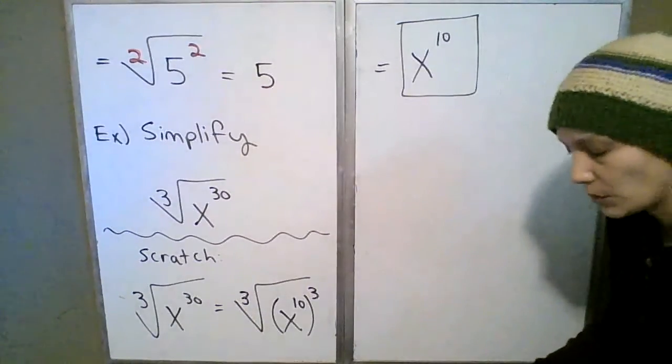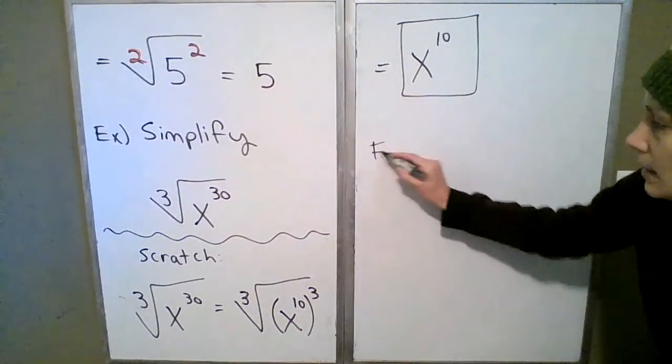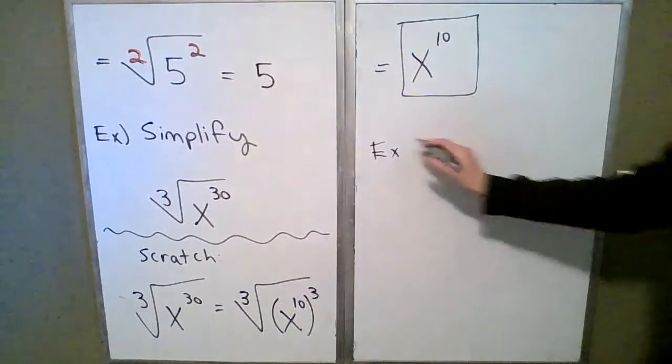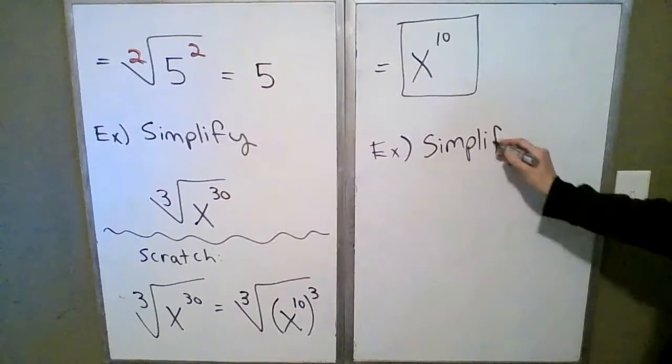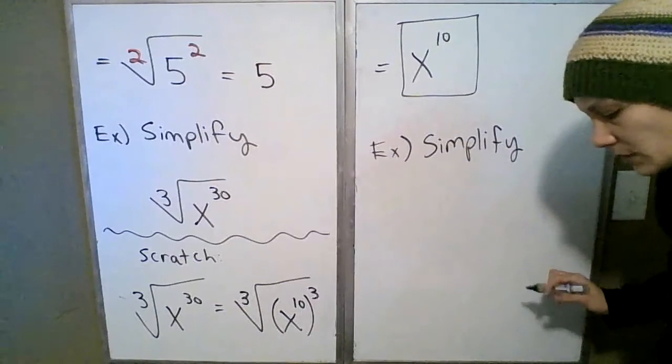I've got more examples. So we're going to work with problems that look like this. We still want to simplify. We're looking at something like 36 with the 1/2 power.